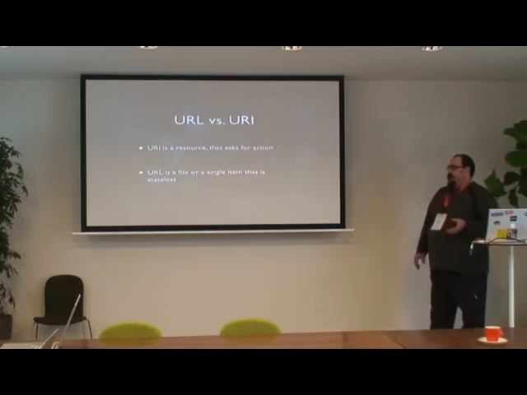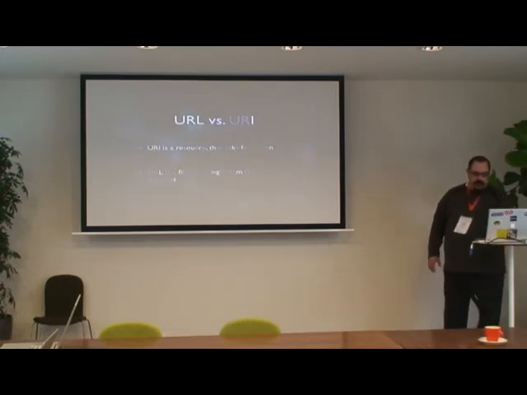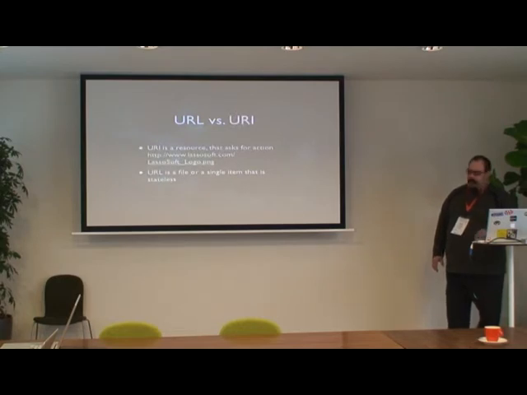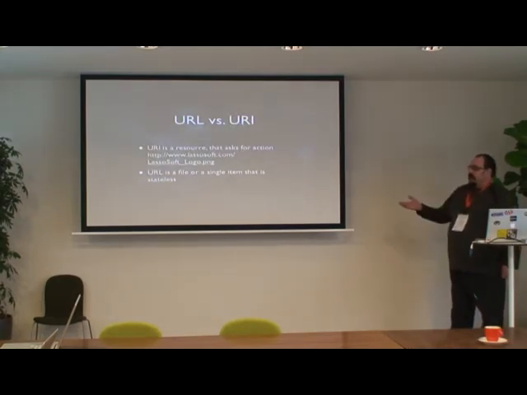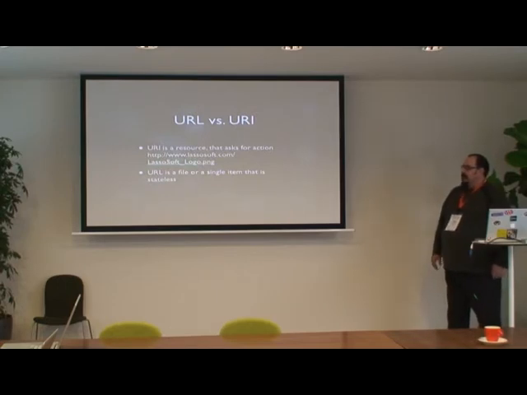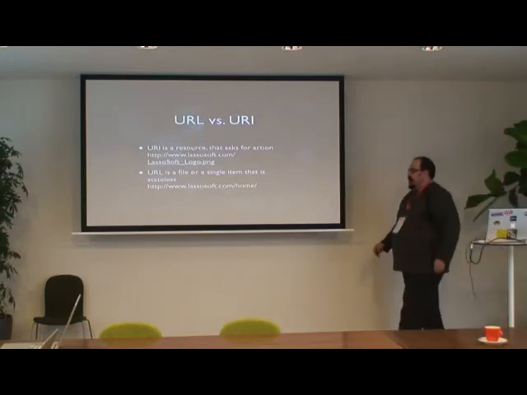And a URL is a file or a single item that's stateless. An example of that would be a graphic, a logo, something like that. That image file is always going to be there. And I think I mixed these up. Sorry, I've been working on this. A URI is a resource that asks for an action, and a URL is a single file or an item that's stateless.